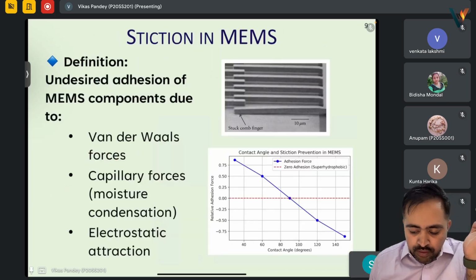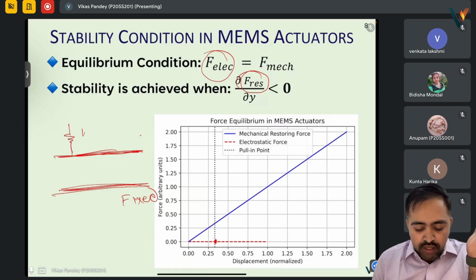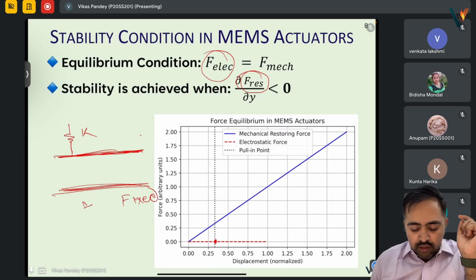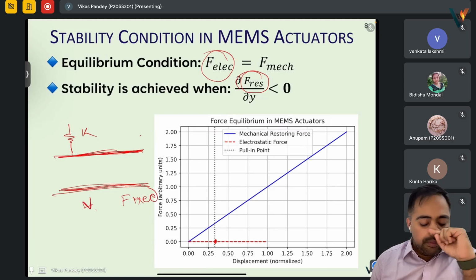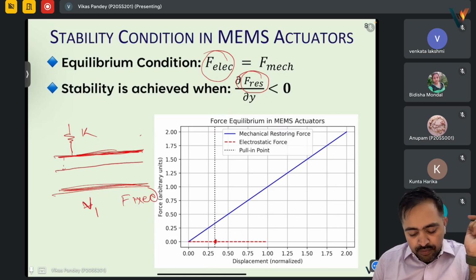It is fixed to a structure due to the spring constant K. Now due to some voltage, say V1, I am able to change its position and get it here. Fine.